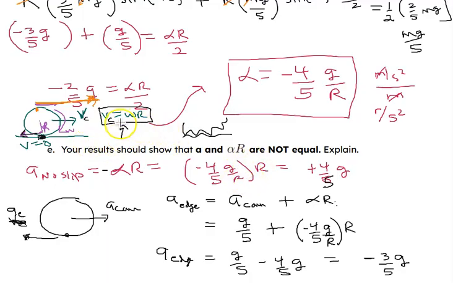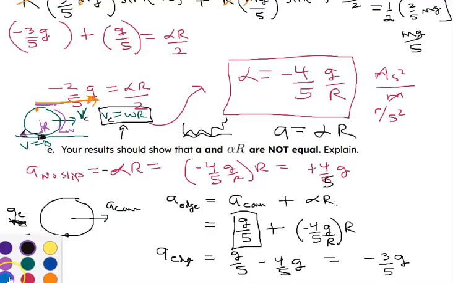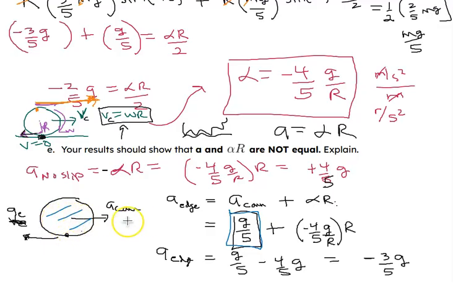So similarly, if that's true, then the derivative of that means A equals alpha R. The acceleration of the center of mass, we found, is g over 5. And so the disk is moving everything forward at g over 5.